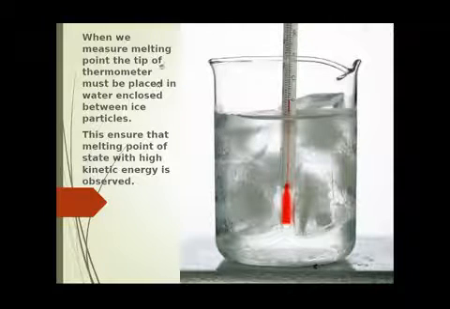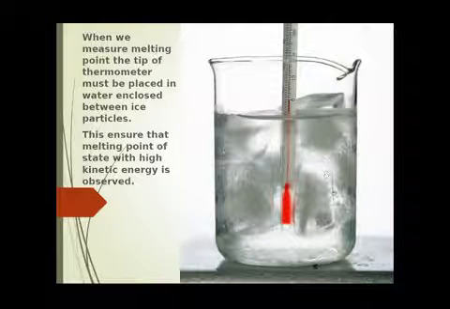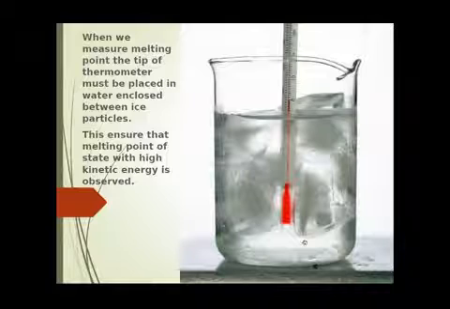Now, as we have discussed earlier, when we measure melting point, the tip of the thermometer must be placed in water enclosed between the ice particles. This ensures that the melting point of a state with high kinetic energy is observed.